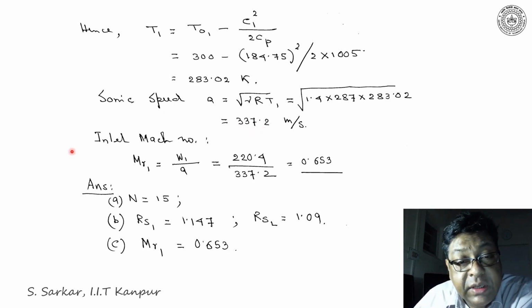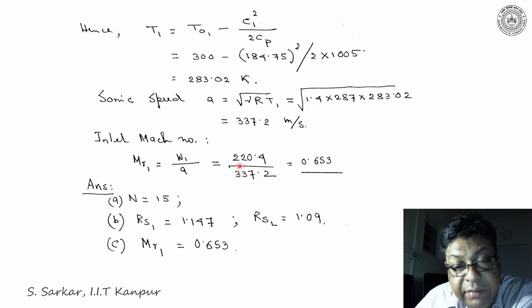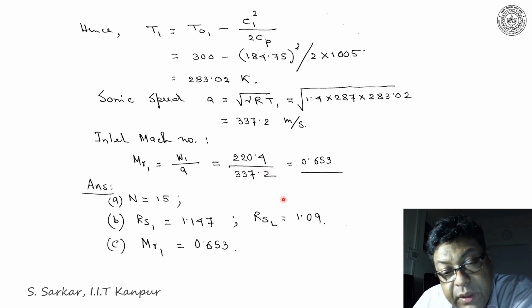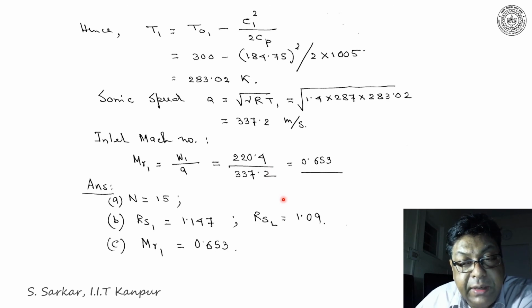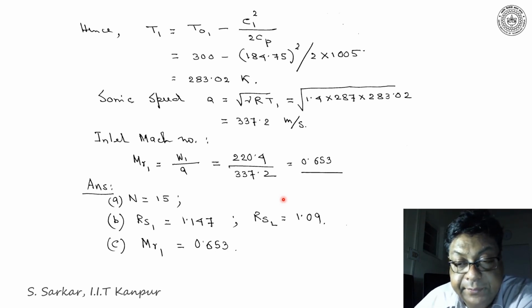So what is the inlet relative Mach number? MR1 would be equal to W1 divided by A. W1 I have already assessed as 220.4. So 220.4 divided by 337.2. So I got relative inlet Mach number MR1 as 0.653.